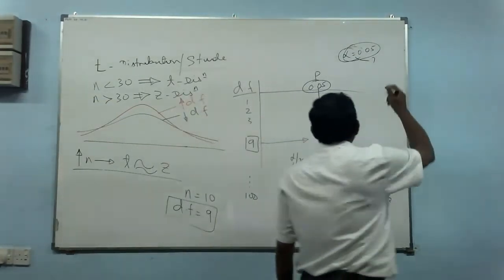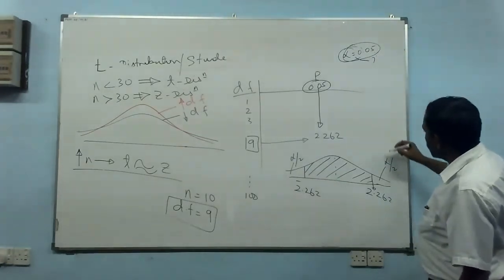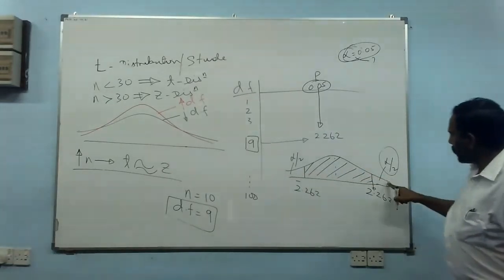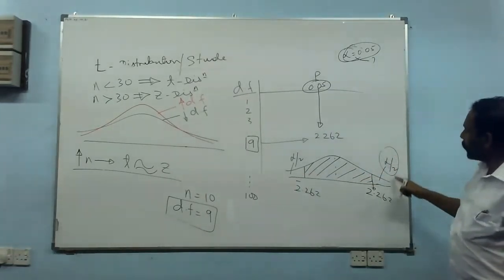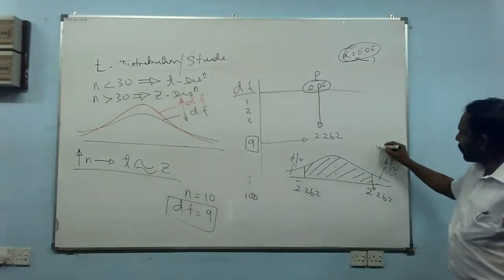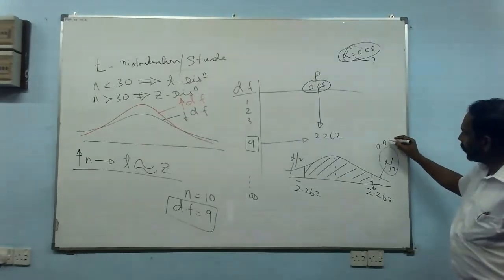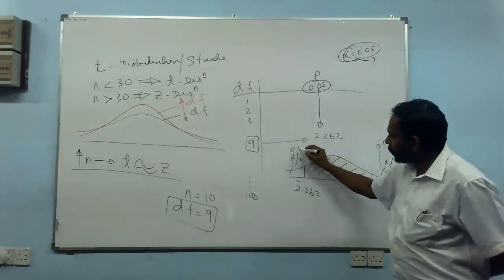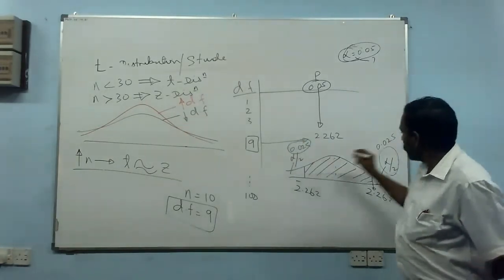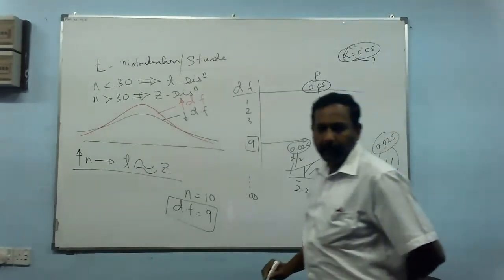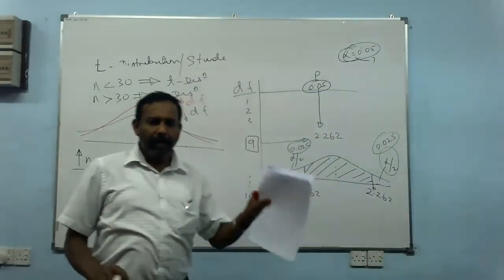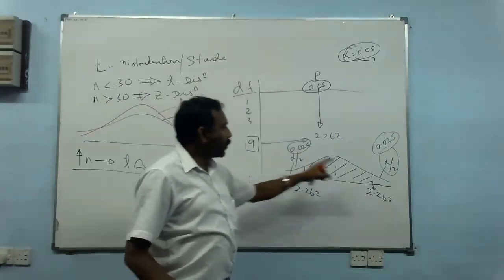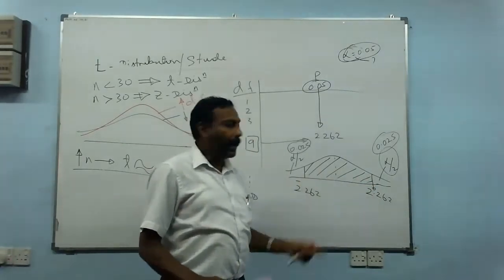So this alpha, you see, 0.05. So what is this region? This area, it is symmetric. Area wise, alpha by 2. What is alpha by 2 here? 0.025. Here it is again 0.025. We will talk about this once we do the calculations. So this is called two-tailed probability. The alpha is given.